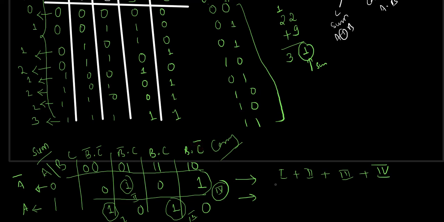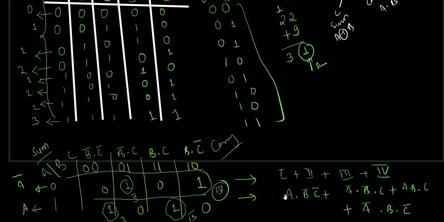So 1 plus 2 plus 3 plus 4, the cases would be: one case is nothing but A, B bar, C bar. Second case is A bar dot B bar dot C. Third case would be this, that is A dot B dot C, and the final case is this, that is A bar dot B dot C bar.